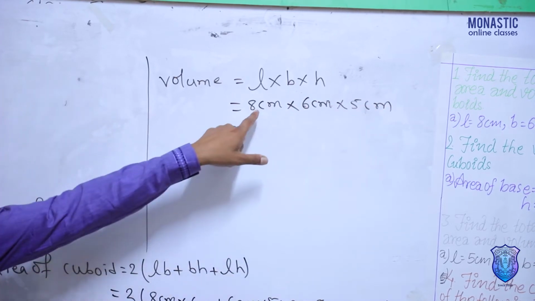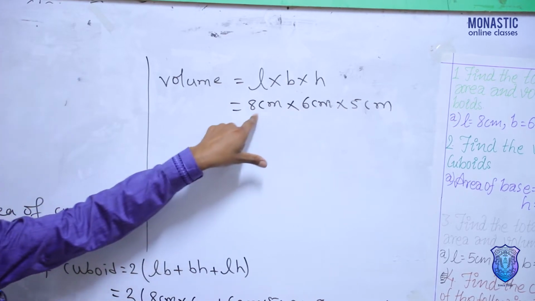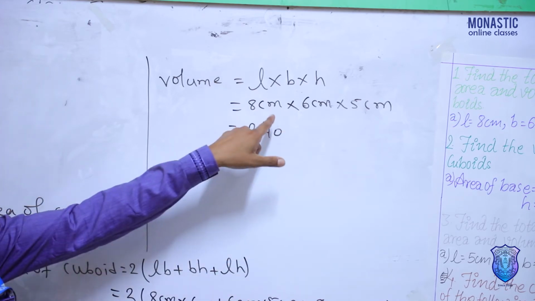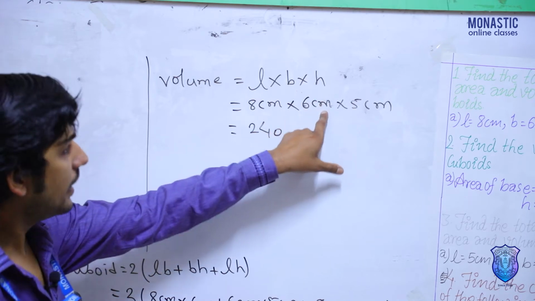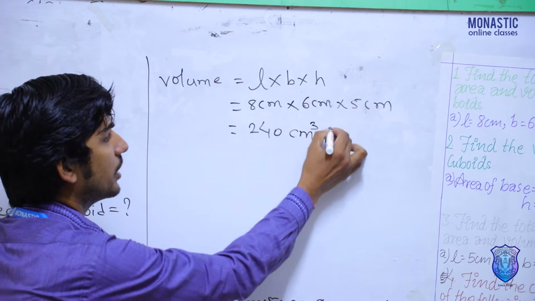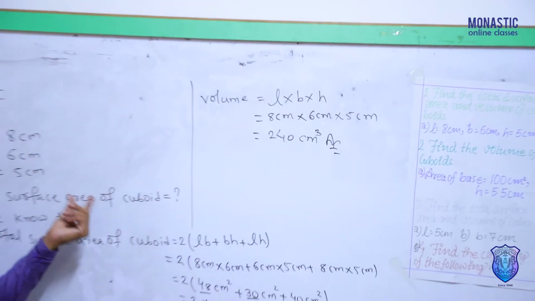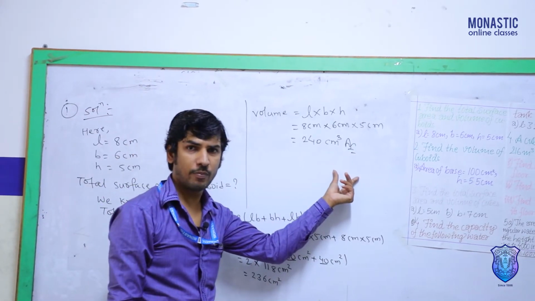Now multiply: 5 times 6 is 30, 30 times 8 is 240. Similarly, cm into cm is square cm, and square cm into cm is cubic centimeter. So like this, we can find the total surface area and volume of a cuboid.